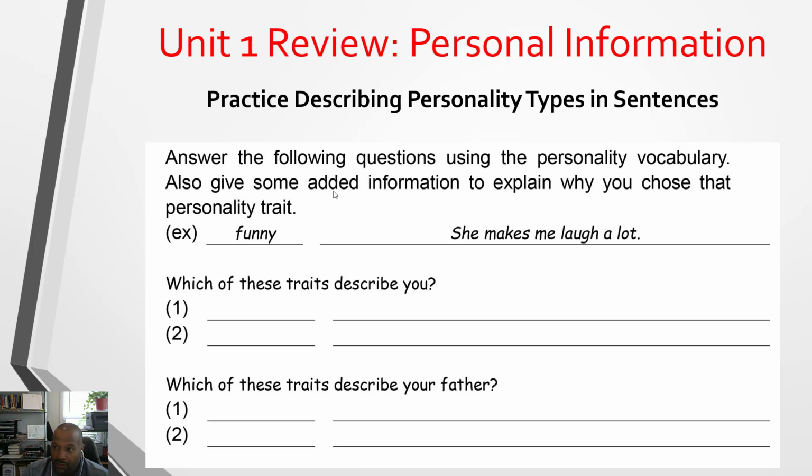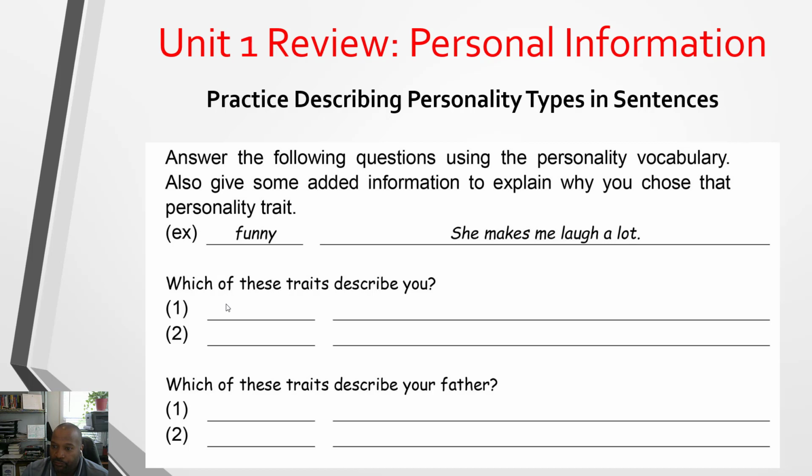Also, give some added information to explain why you chose that personality trait. Here's our example. Funny, right? Someone who's funny. What would be your example of a personality trait in a full sentence? The example here is, she makes me laugh a lot. All right? She is funny.